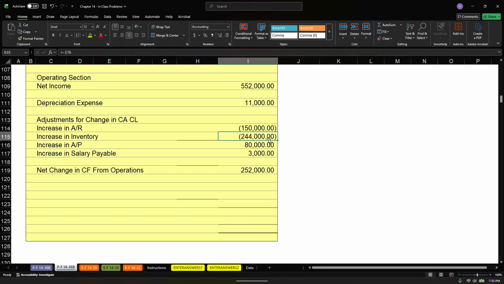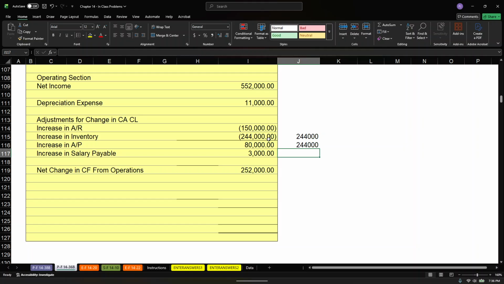So there's no cash that was transacted to buy the inventory. This increase in inventory would be offset by a 244,000 increase in accounts payable. So just hypothetically, if I bought inventory of 244,000 on credit, I would have this negative adjustment for cash, but then it would have been totally offset by a positive adjustment in accounts payable.